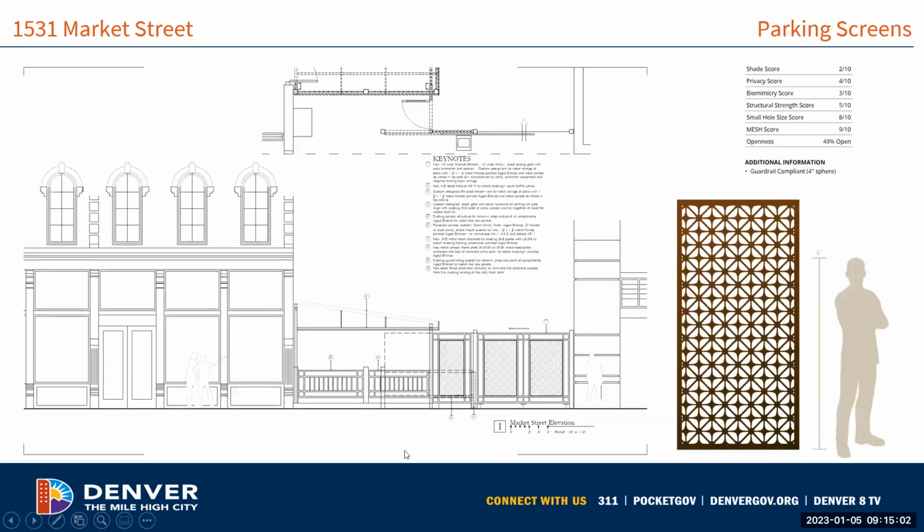So the proposal is for new parking screening that will be located along Market Street, the alley elevation, and along portions of the outdoor patio. The patio will remain open to Market Street, so the patio will engage with the streetscape, but screening will be located along the back side of the outdoor patio and the side elevation of the patio to provide screening for that parking.